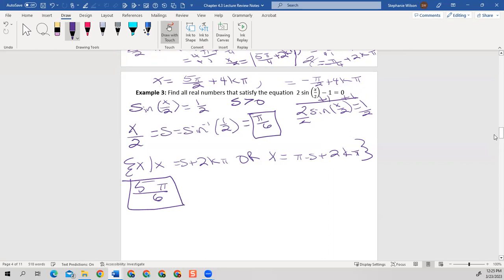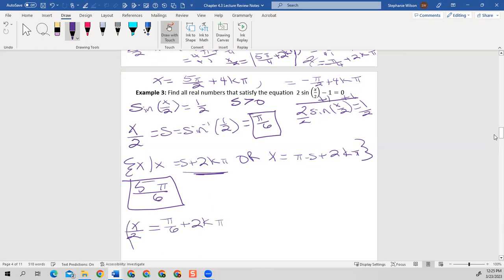So knowing this, I'm going to use these formulas. In the place of x, I got to put x halves because that's what we got up there, right? And that's equal to my s. Well, I'm going to do pi sixths for the starter plus the 2k pi.